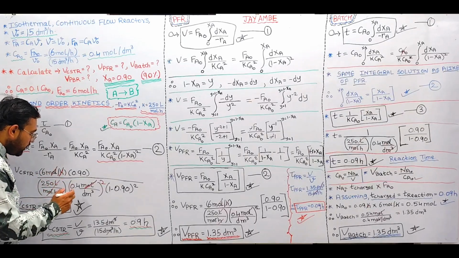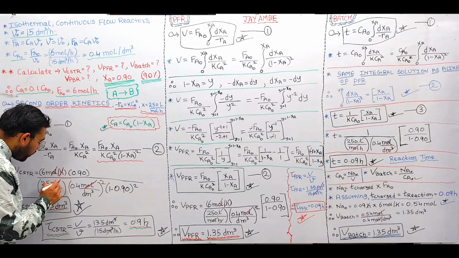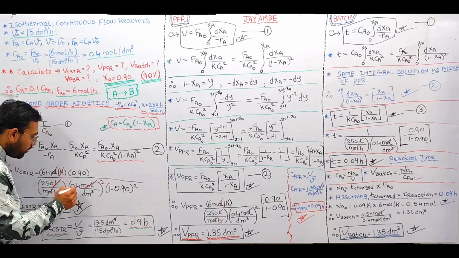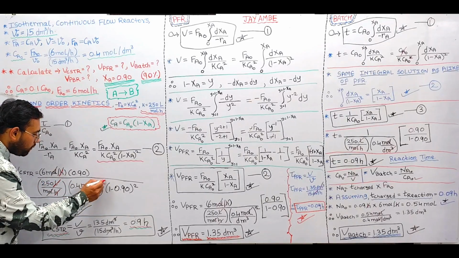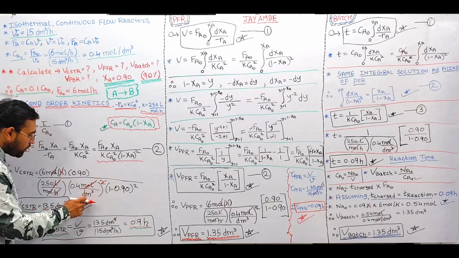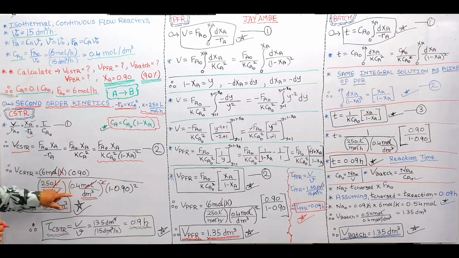So we can cancel 1 liter with 1 cubic decimeter from the denominator. Finally we will remain with a cubic decimeter, which will go to the numerator. After solving this we get the volume of the CSTR equal to 13.5 cubic decimeter.